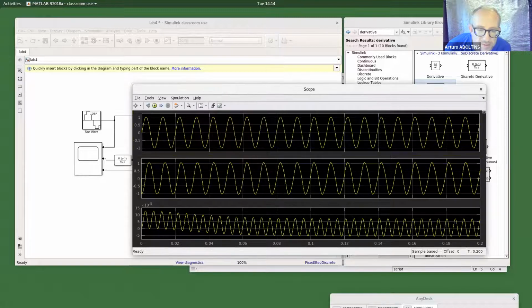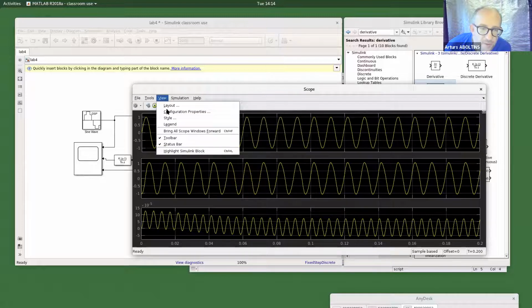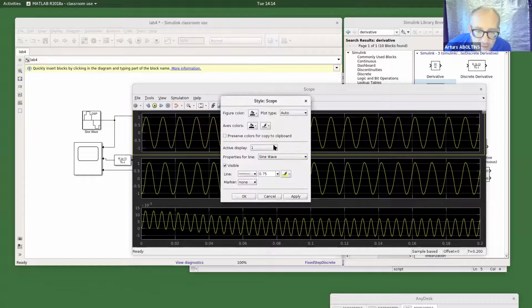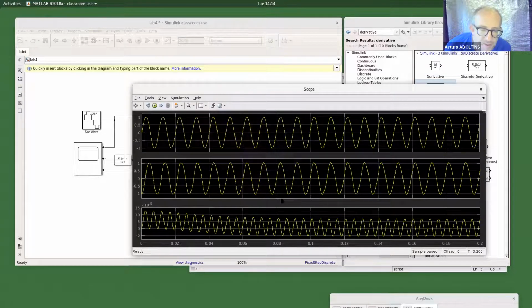Oh, maybe it's possible. Now I started to think that if I go to style, okay, it's nice. It means that it could be controlled. So we say layout, we have 2.